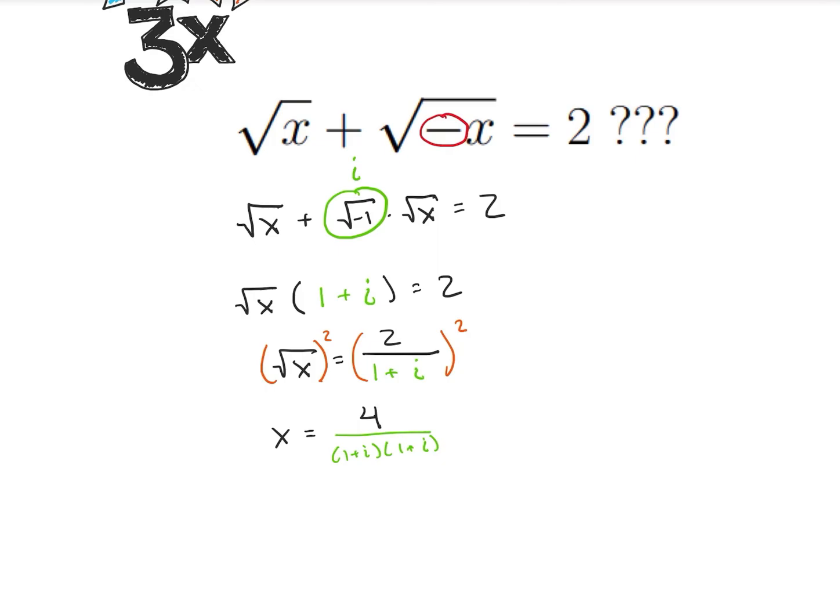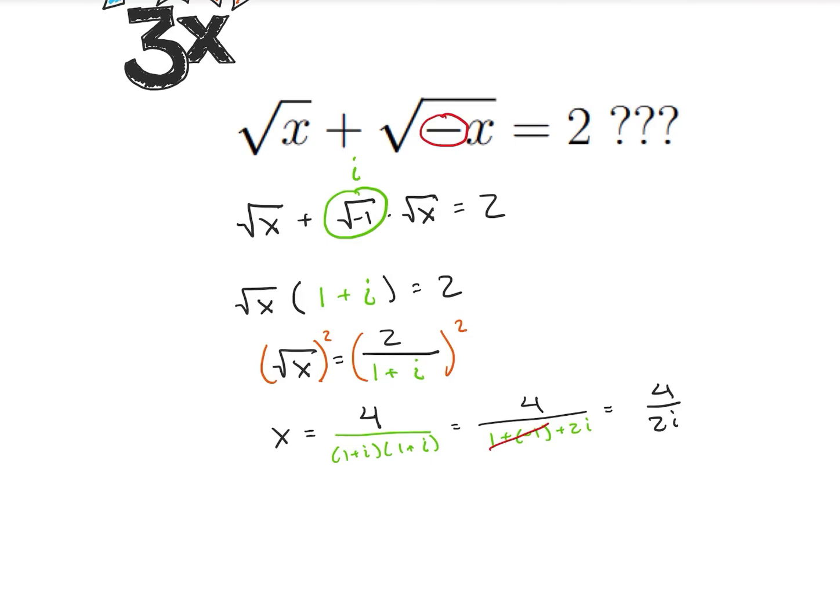And this is where we have to be a little bit careful with complex variables. So we're going to have 4 divided by (1 plus i) times (1 plus i), which is going to be 1 plus i squared. i squared is negative 1, so 1 plus negative 1, and then plus 2 times i. So these two guys kill each other, and I'm going to be left with 4 over 2i.